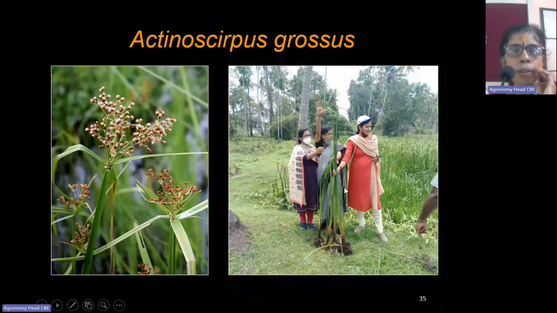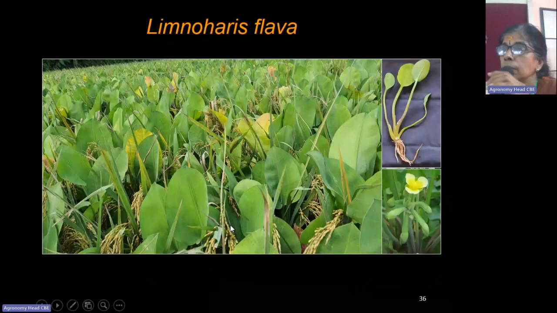So the fields are kept fallow, and mechanical removal is the only option at this stage, followed by some 2,4-D application if rice is cultivated. Though there is technology, it is very difficult to practice due to economic concerns.